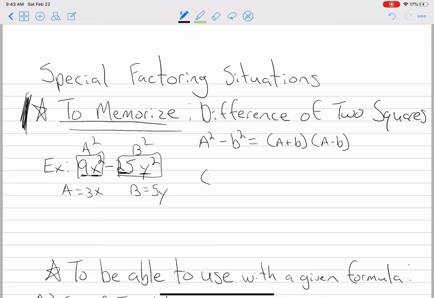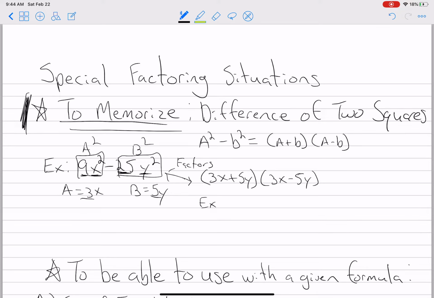So 3x plus 5y, that's a plus b, times 3x minus 5y, which is a minus b. That's what this would factor to. This factors into that. And I just know it.